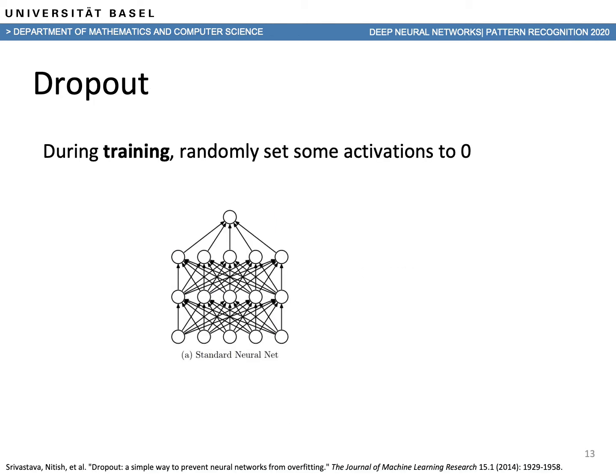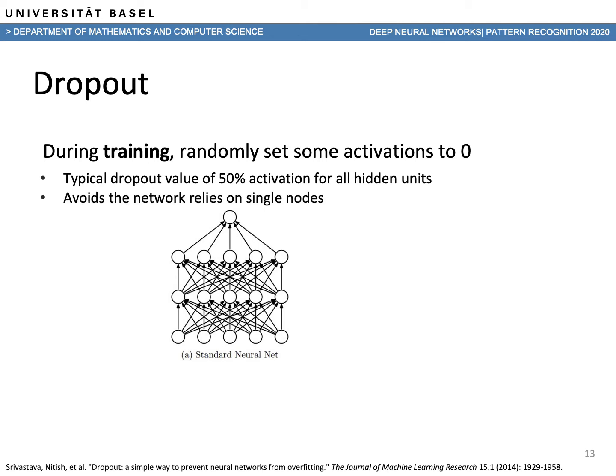An alternative regularization method is dropout. So the idea with dropout is that during training, we would randomly set some activation outputs to be 0. The rate is usually a 50% chance of the activation being active or not. And the main idea behind this is to avoid that the network relies on single nodes.